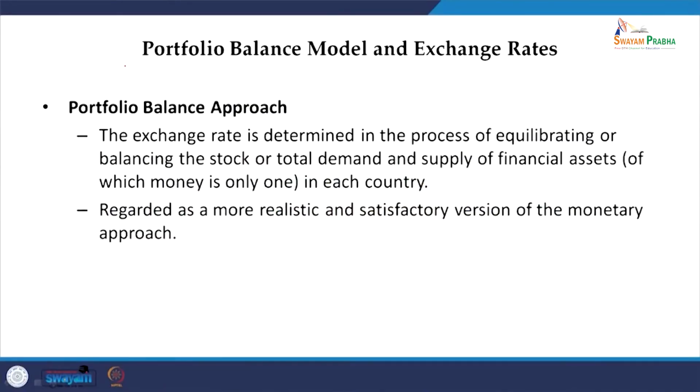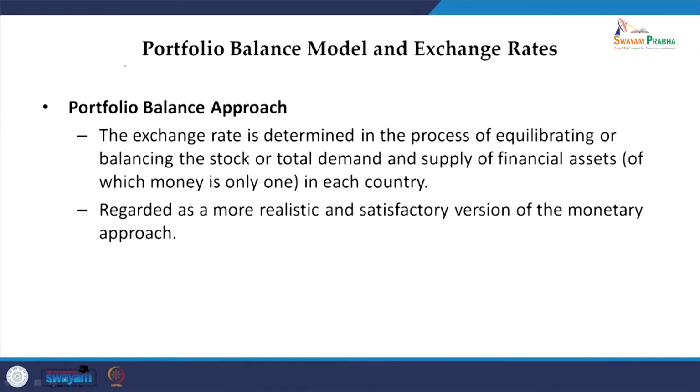The portfolio balance approach suggests that the exchange rate is determined in the process of equilibrating or balancing the stock, or total demand and supply, of financial assets. So, this is related not to the money of the banking system, but rather to the assets of the country. The financial assets are the equilibrating factor.